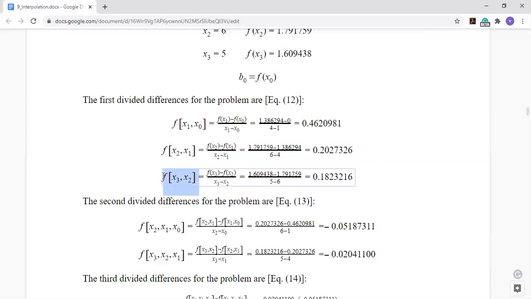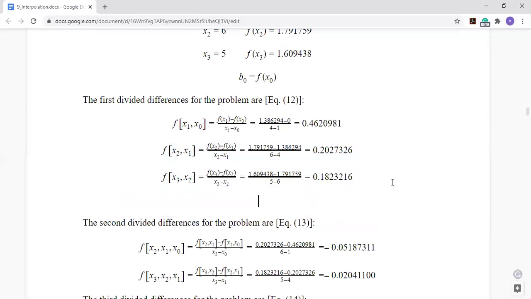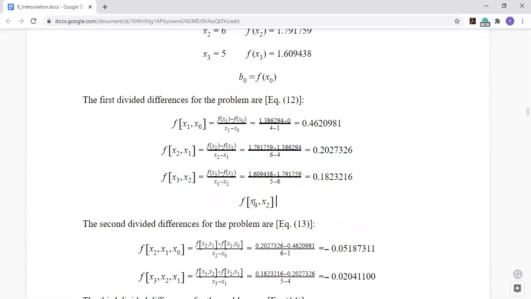We cannot do f(x4) and f(x3), which would have been the next one, because this is a third order polynomial and we're not given x4. We are given 4 data points: x0, x1, x2, and x3.